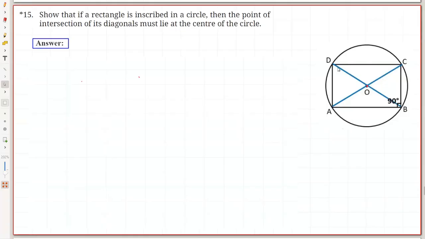So all are at an equal distance from the center. That means OA, OB, OC, OD are all radii of the circle. Then O will be the center of the circle. Okay, so now we can just write the proof.